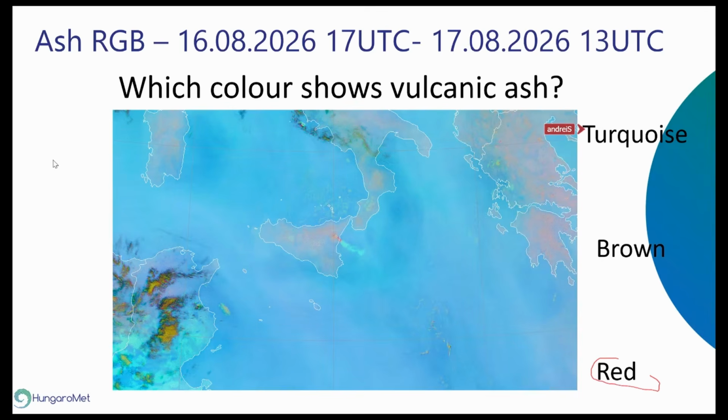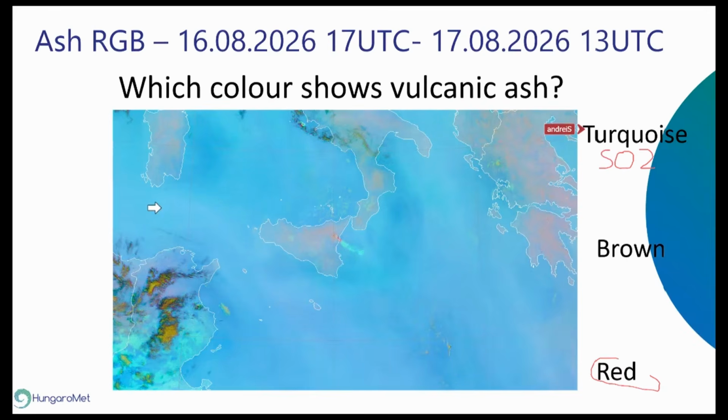The turquoise is something else, and it's coming from the difference between the 10.5 and the 8.7 micron channels. And that is, yes, exactly, that is SO2. So that is SO2 coming from the volcano, which we can see with the green or turquoise color.